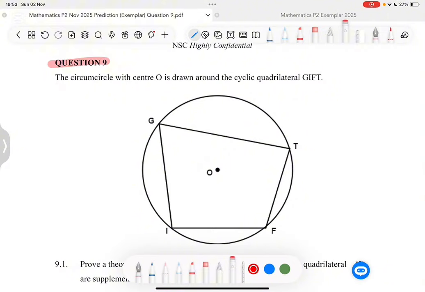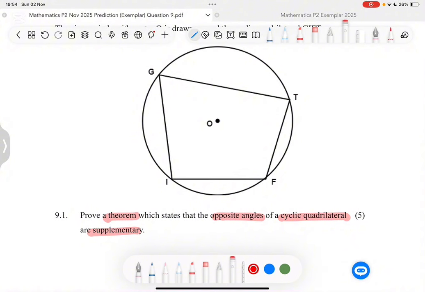So these are the opposite angles. But there is a pair of opposite angles in a quadrilateral. So even if I take this angle and I add them, I should also get 180 degrees. They should be supplementary. And really, we have to prove that theorem in this question.